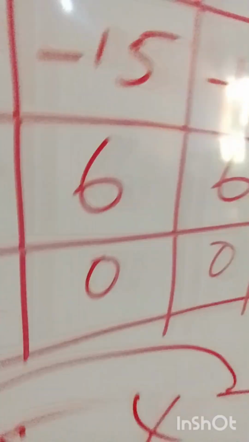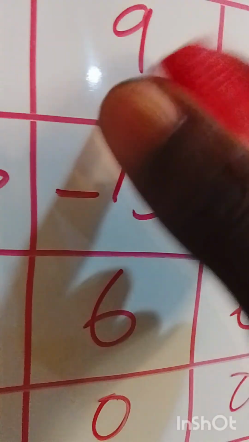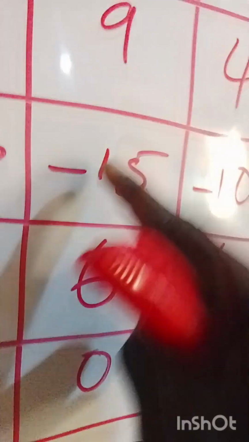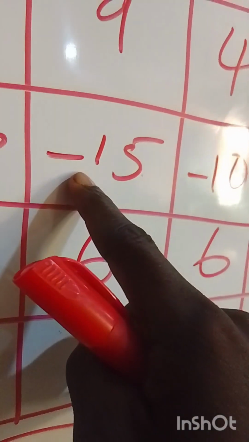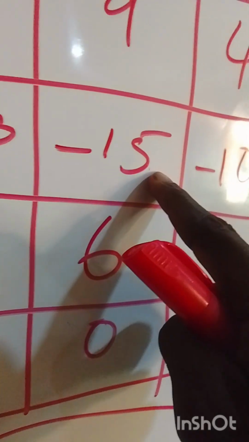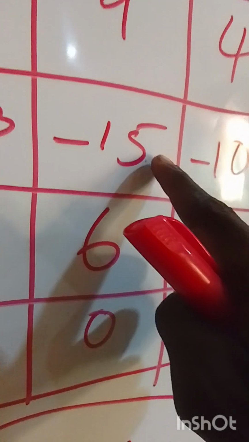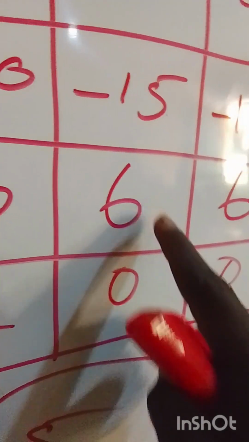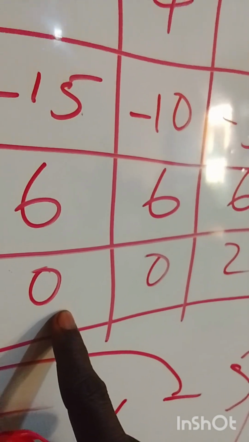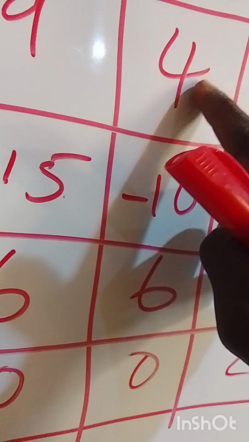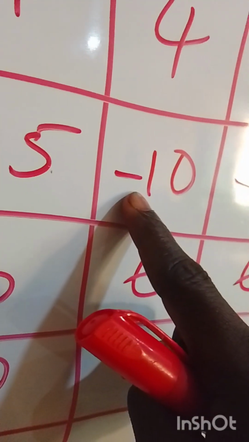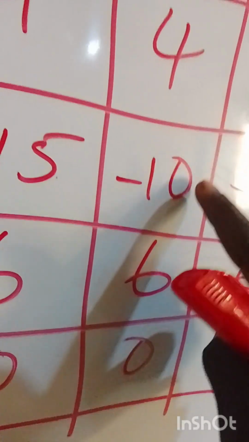Now, coming back here, we have 9 minus 15 is minus 6. Minus 6 plus 6 is 0. We have 4 minus 10 is minus 6.